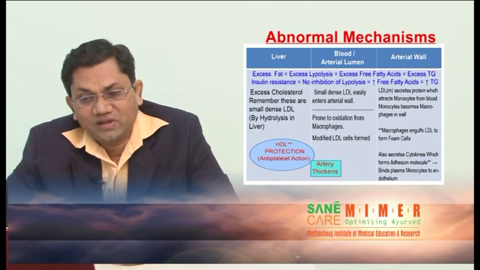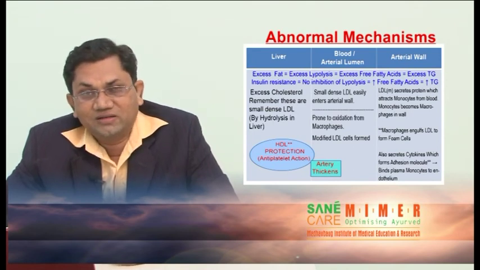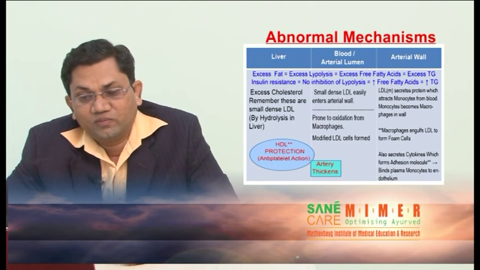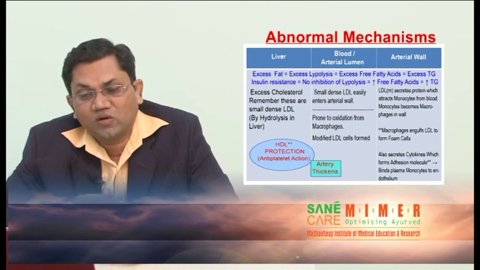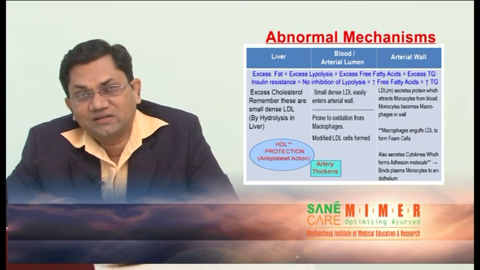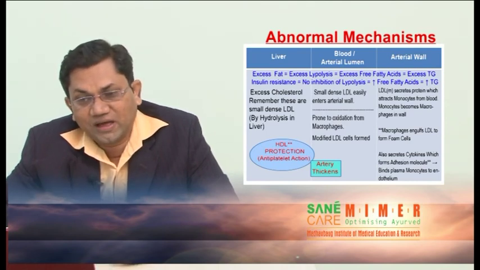And what happens there is that this small dense LDL particle will get oxidized with the help of macrophages, and what is formed is called modified LDL cells. These modified LDL cells are the precursors for atherosclerosis.